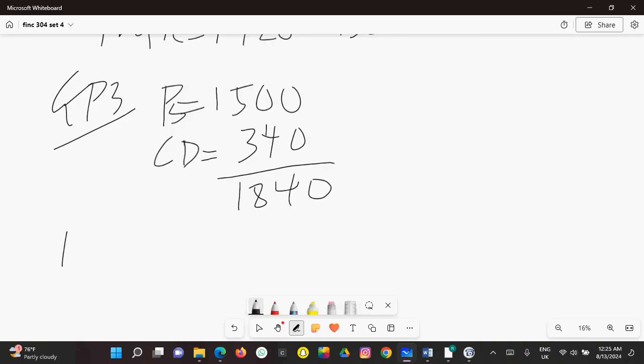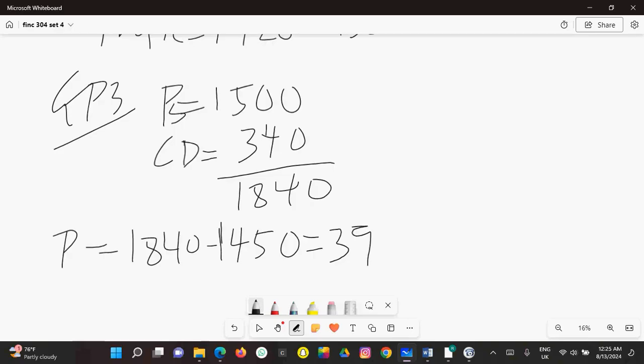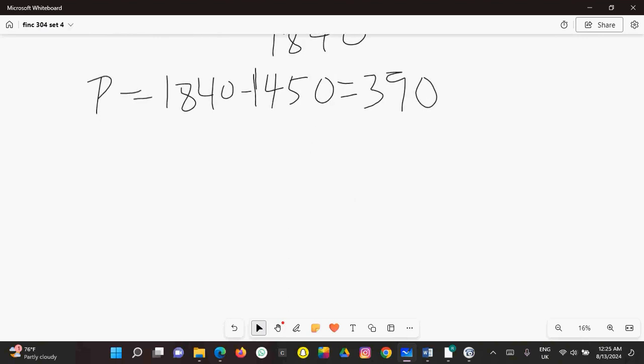Our total cost is the same thing, so profit is equal to 1,840 minus 1,450, which is going to give us 390. All right, so that's for each group member in group 3. So that is it for A. Let's go to B.